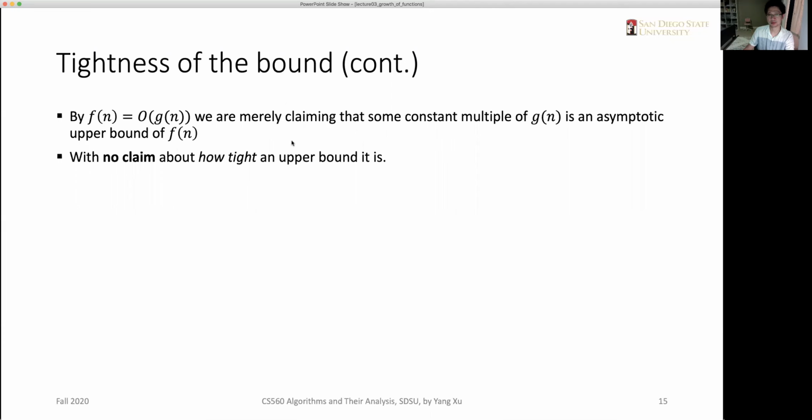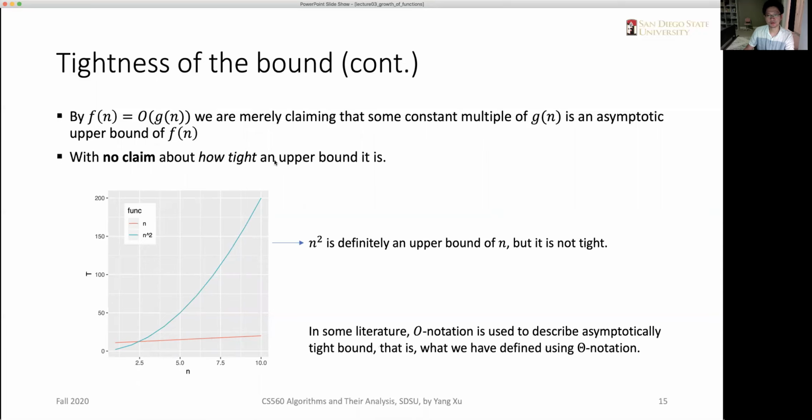That's a tight bound. So big theta is a tight bound, but big O is not. In the example here, the green line is the quadratic function, and the red line is a linear function. We can see that n squared is indeed an upper bound, but it is not tight.